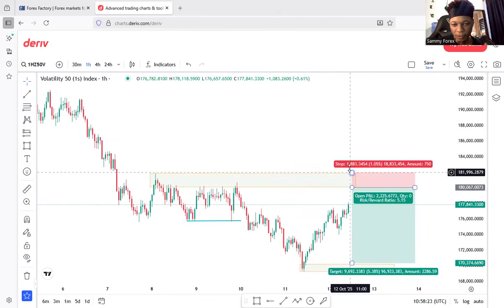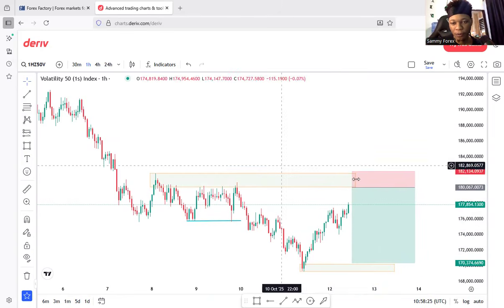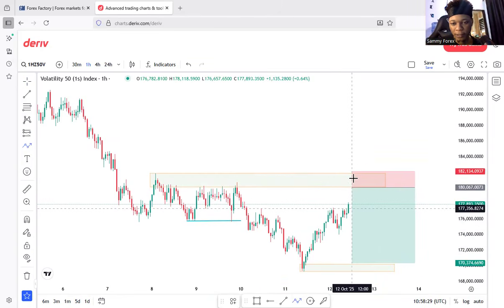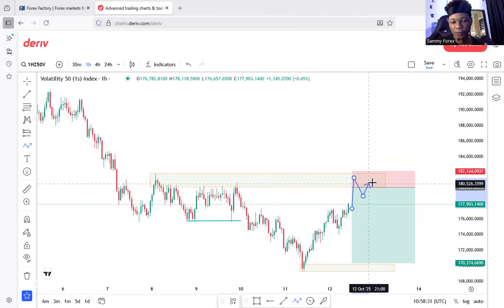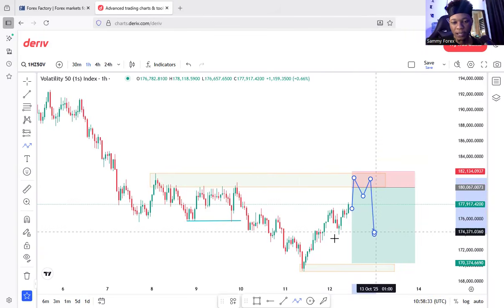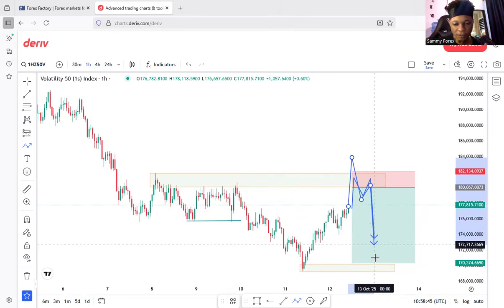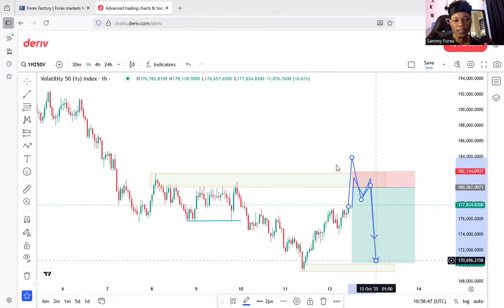So price will have to come back and then give you confirmation that it's dropping, and this is what I'm expecting. If price eventually smashes it, because you have to be patient and wait for that, and then came back inside, then the selling is still active back to this particular low.